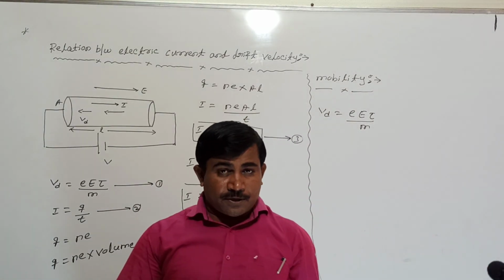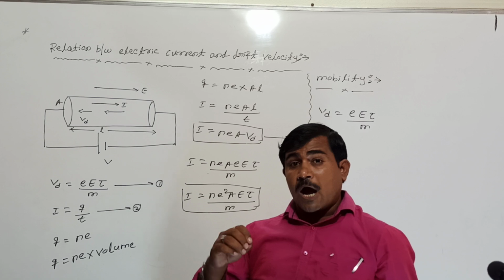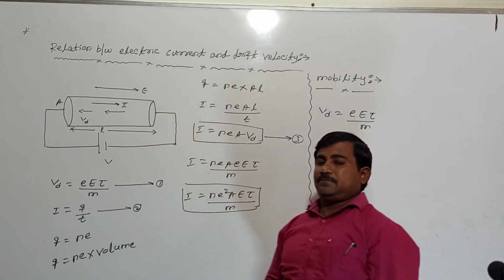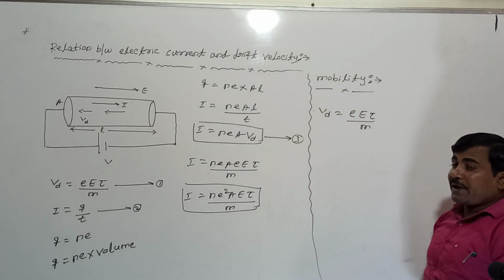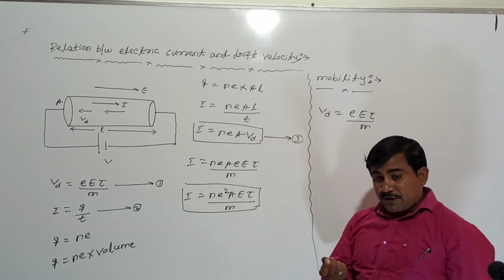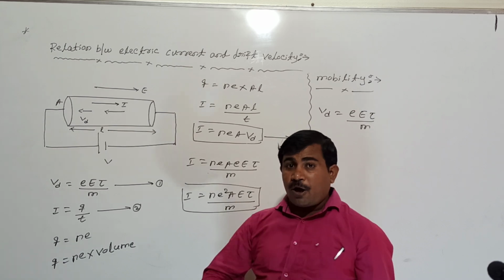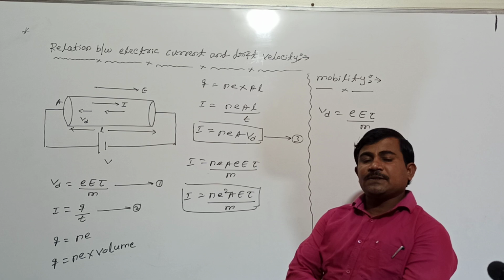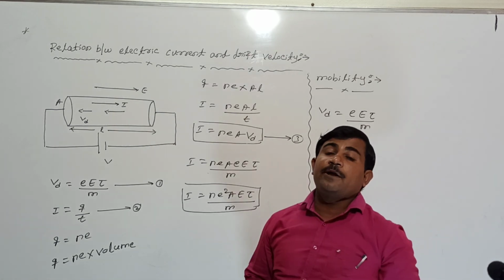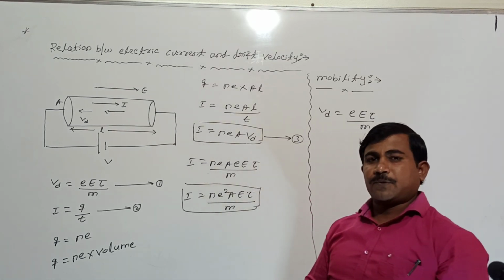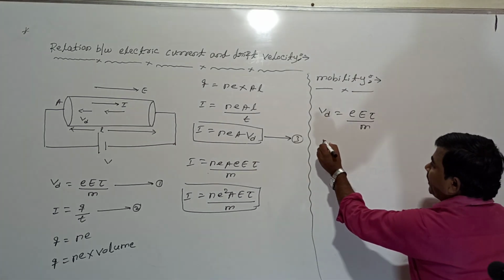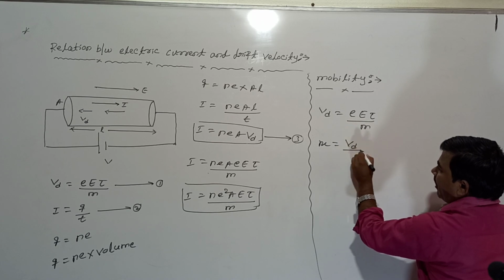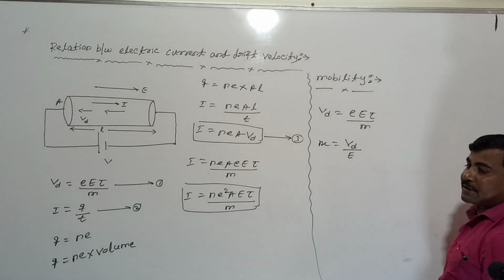Mobility is the physical quantity that measures how quickly a free electron moves in the conductor. Or, mobility is the drift velocity per unit electric field. Mobility is represented by mu. Mobility is the drift velocity of a moving free electron per unit electric field.